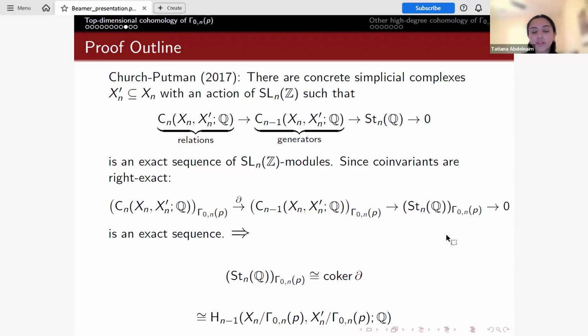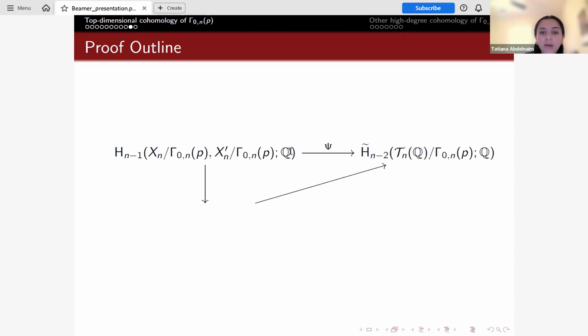So now with this isomorphism, the map psi is a map going from this relative homology to the homology of the Tits building mod gamma. And this map factors through this term.